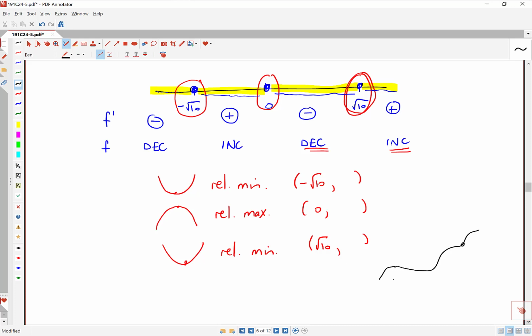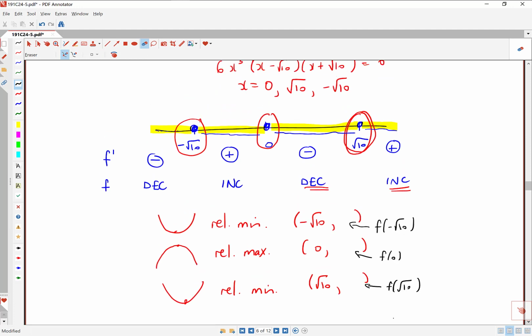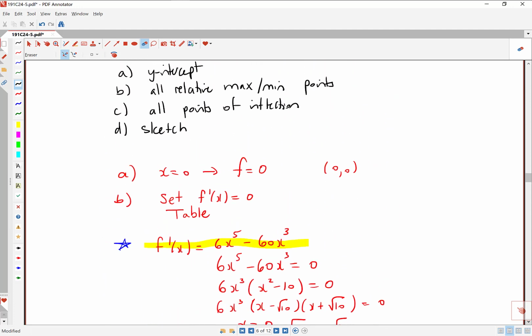So the y values are coming from plugging into your original function right from the beginning of the question. So to get this y value here, you'd be going f of negative root 10. Here you'd be going f of 0. And here you'd be going f of root 10. So we can scroll right back up to the top of the problem just to remind ourselves what f was.